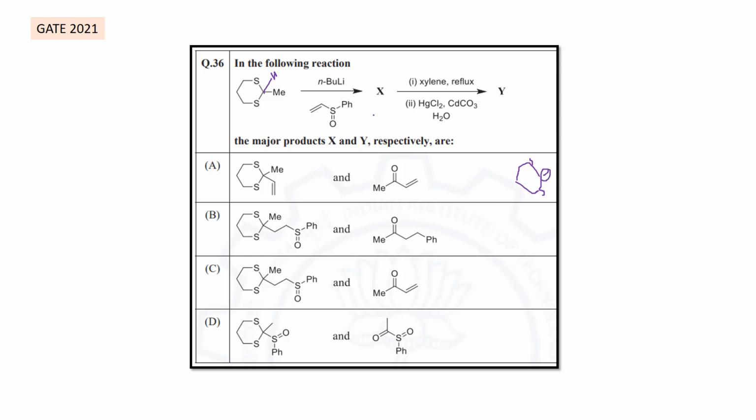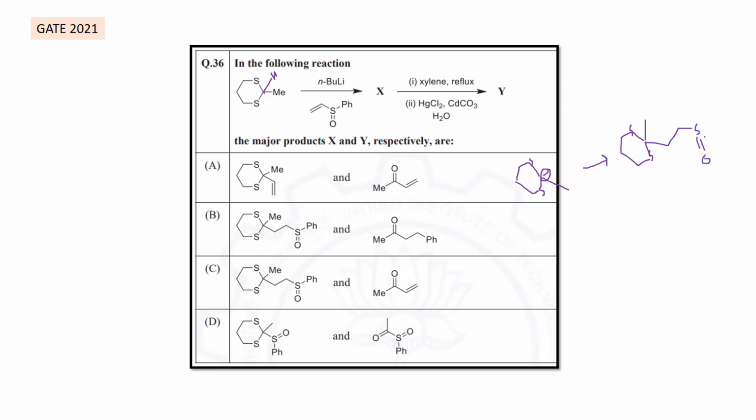So this anion will attack this position. Suppose this is an alpha beta unsaturated compound, it's giving us this as our product.